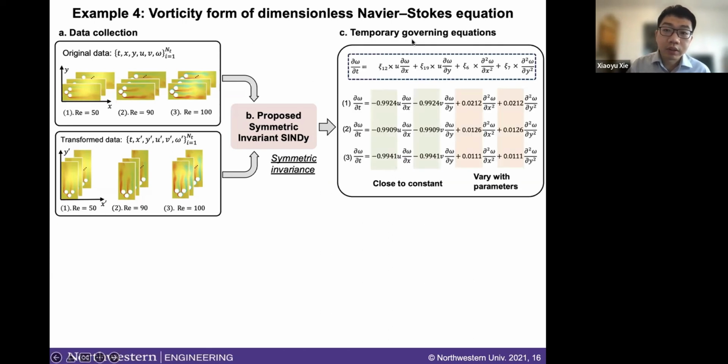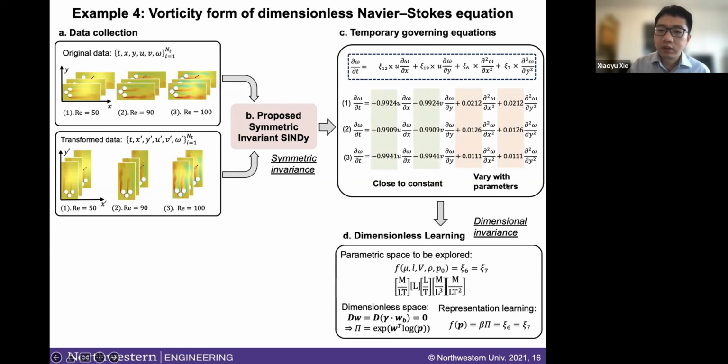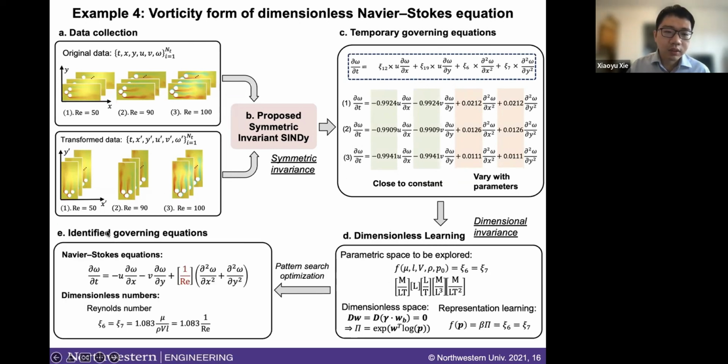After that, we can find the parametric governing equation for the Navier-Stokes equations. Some coefficients are close to constant, but some vary with parameters. For those that vary with parameters, we can use dimensionless learning and build a parameter space to find the representation for each parameter. And we can actually identify the governing equation. This is the vorticity form of the Navier-Stokes equations, and we can also find the corresponding dimensionless number, the Reynolds number, here.